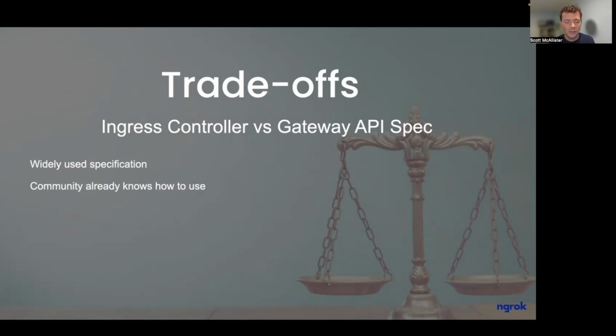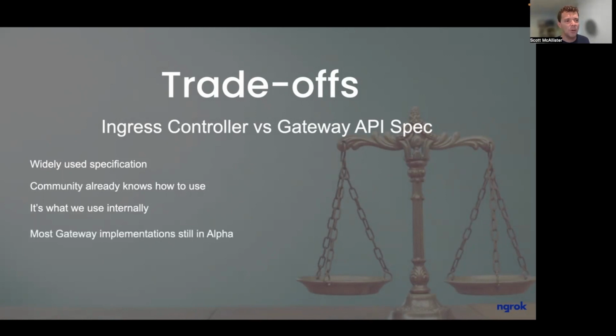And so we wanted to introduce our new controller to a known way of doing things. That way folks can learn us. And then as they move forward and as we move forward, we'll do the Gateway API in the future. Internally, it's what we use. When we set up Ingress inside of our own clusters, we're using the Ingress controller specification.